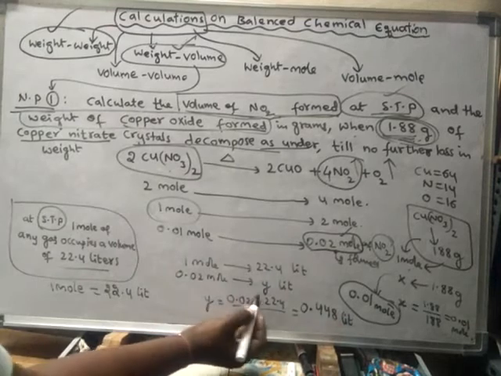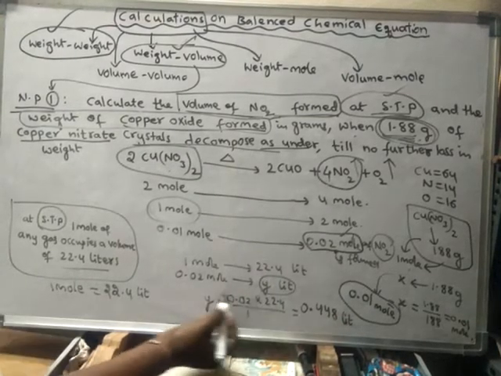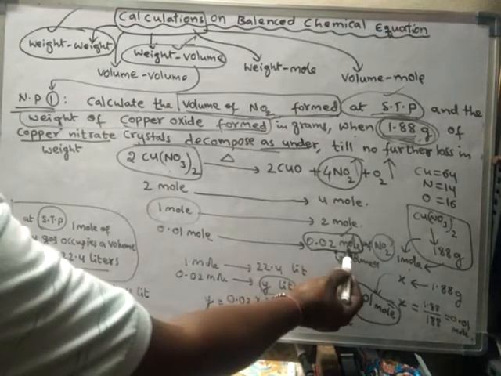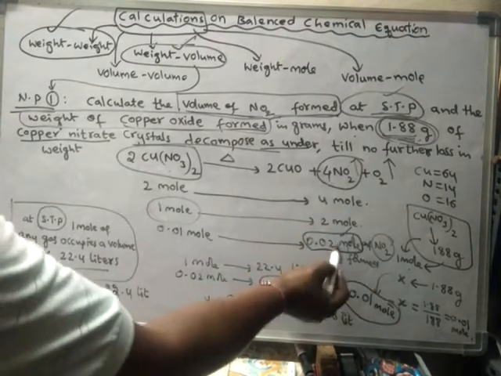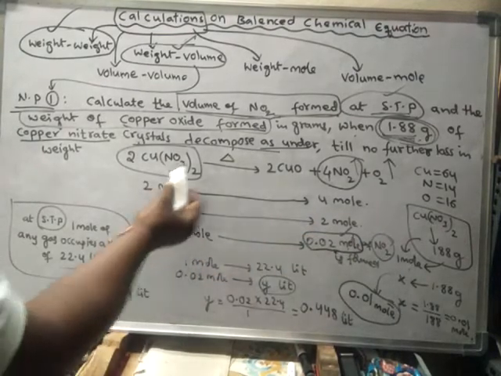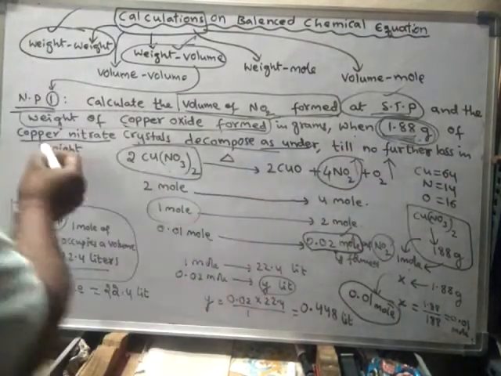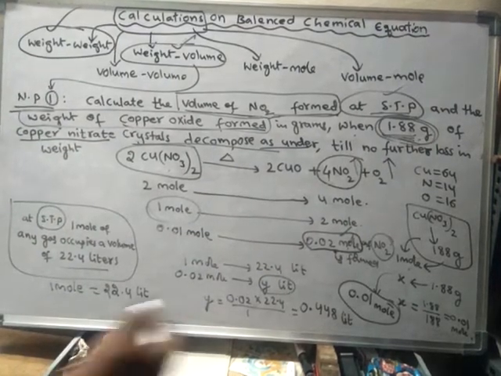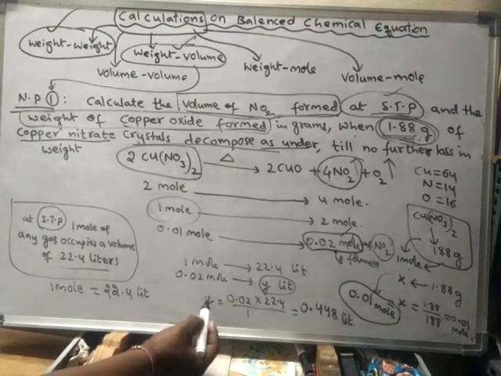That means what is Y? Y is nothing but the amount of NO2 liberated when 1.88 grams of copper nitrate is decomposed. So this is equal to Y in volume.